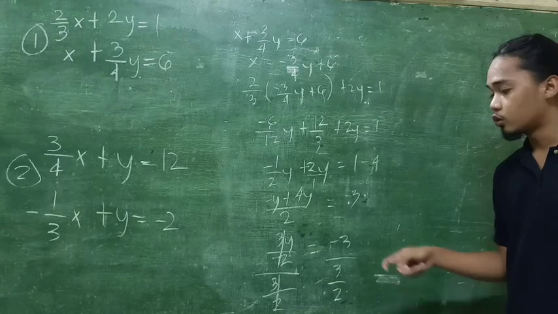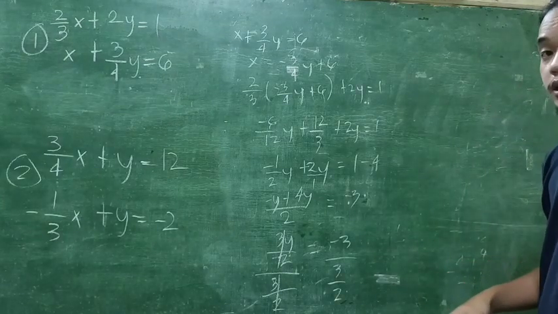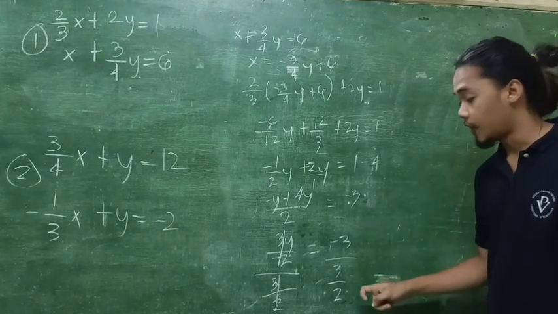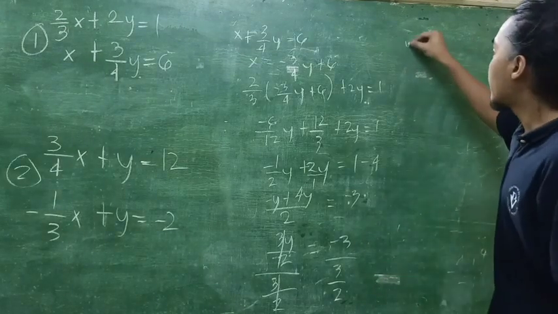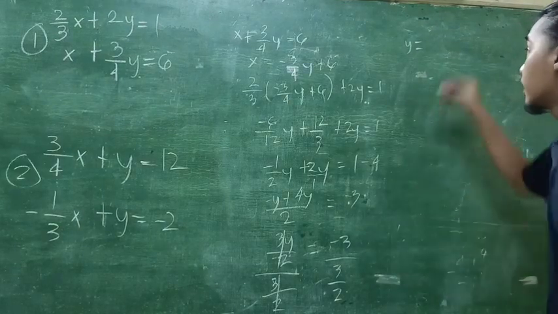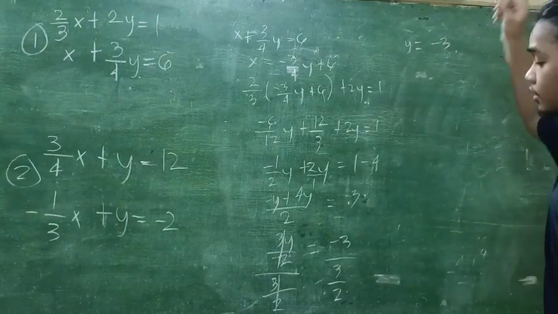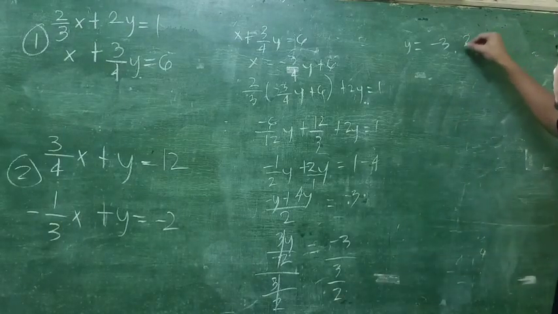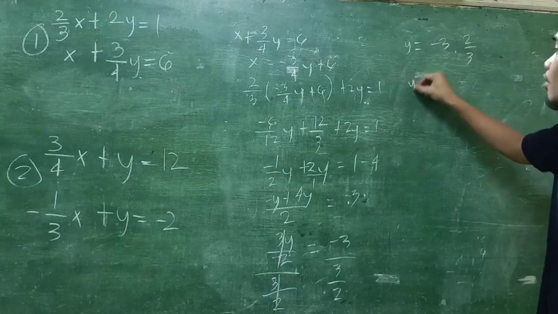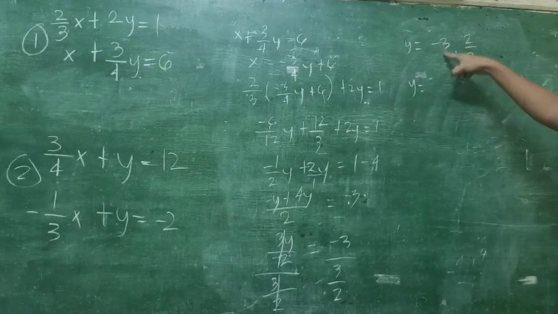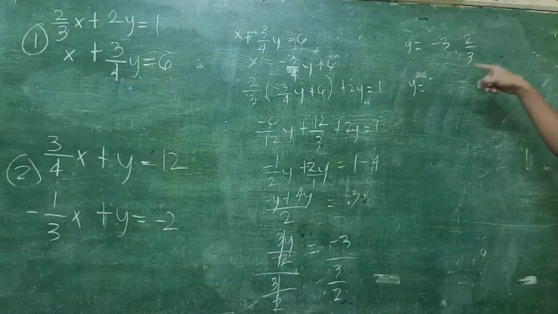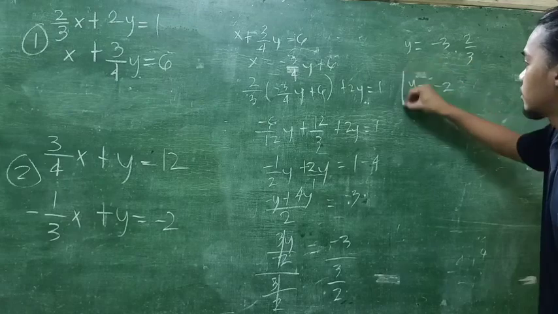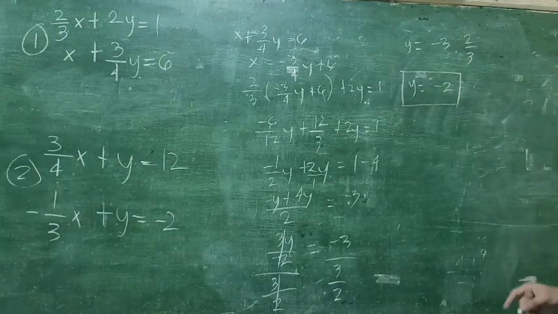So what we're going to do is simply multiply the numerator by the reciprocal of its denominator. So y is equal to our numerator, negative 3, times the reciprocal of our denominator, which is 2 over 3. Our y is going to be negative 3 times 2, which is negative 6 over 3, which is negative 2. Okay, we have our y.